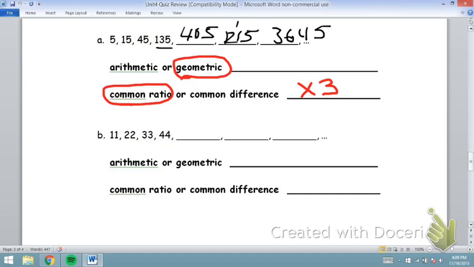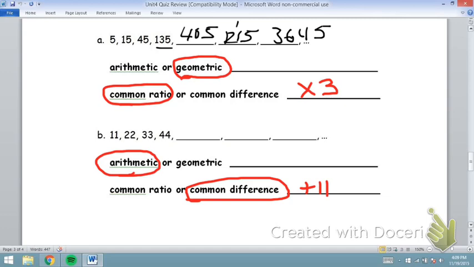So that's the rule or pattern that our sequence is following. Since we are adding, it's an arithmetic sequence, and therefore it's a common difference, which is the fancy way of saying our rule. And in this case, our common difference is plus 11, or that's the rule the sequence follows.